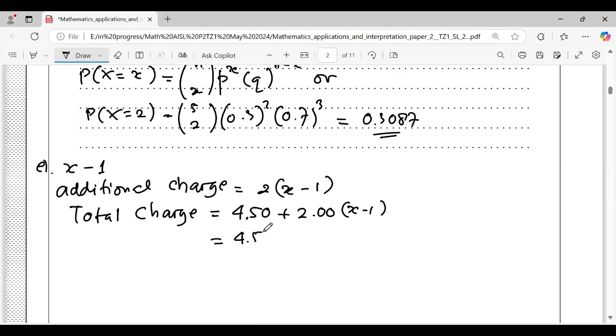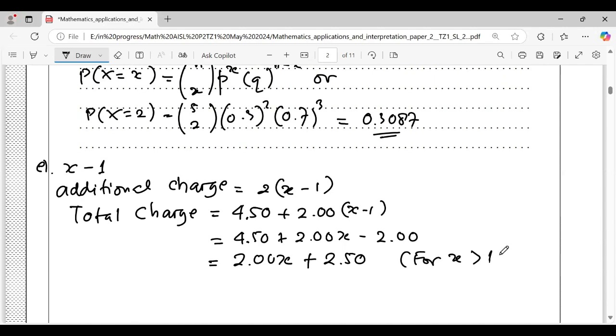It's going to be 4.50 plus 2.00x minus 2.00. Then 4.50 minus 2.00 is 2.50, so it is 2.00x plus 2.50. That is for x greater than 1.